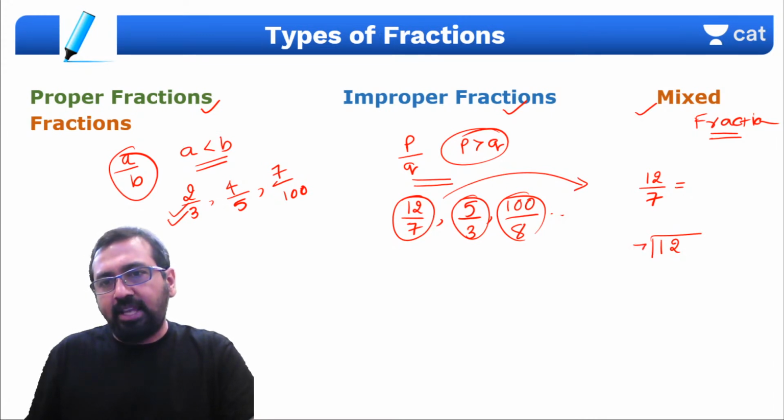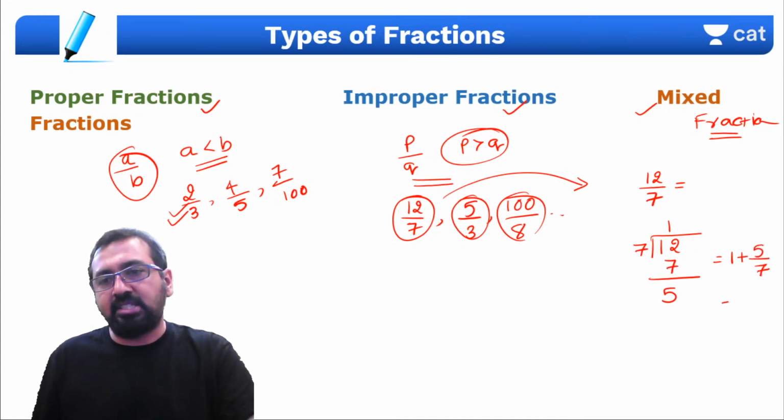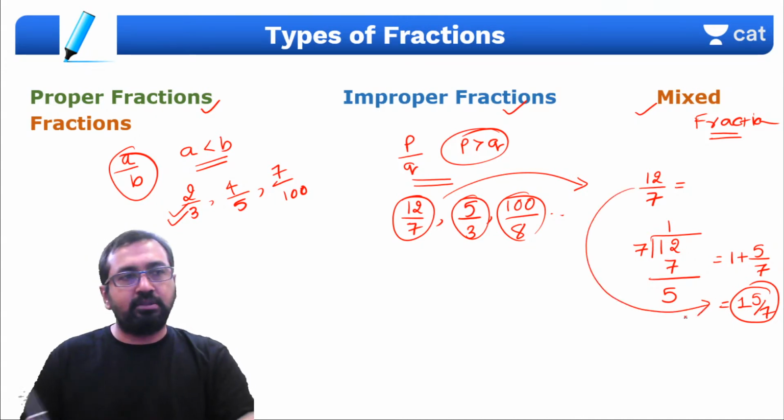So if I divide 12 by 7, so I can say 7 ones are 7 and the remainder is 5. Okay, so we can represent this one as quotient plus remainder divided by divisor, 1 plus 5 by 7, or you can say it's nothing but 1 and 5 by 7. So this is nothing but mixed fraction form for this improper fraction.